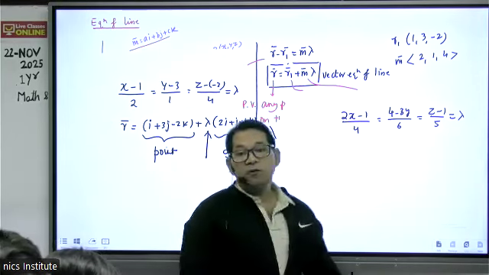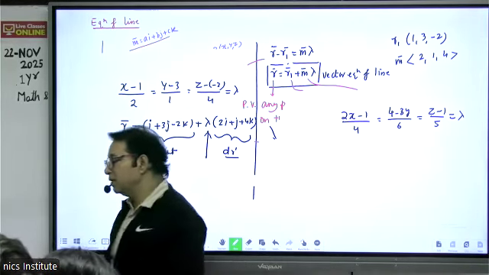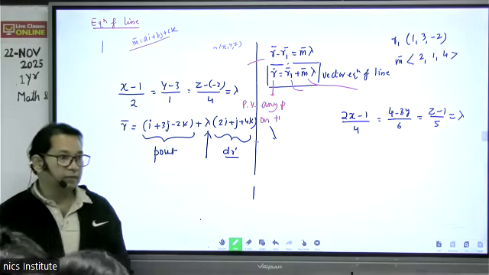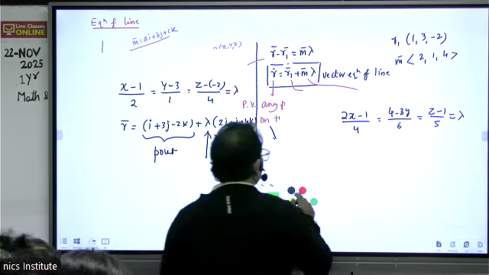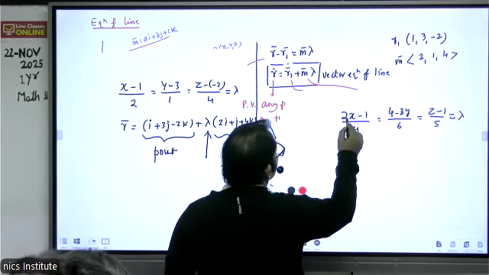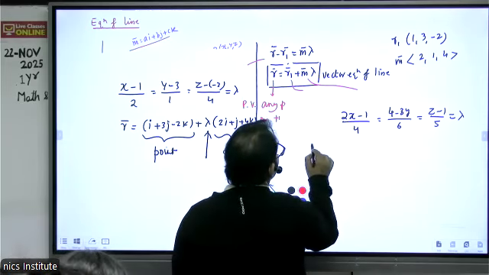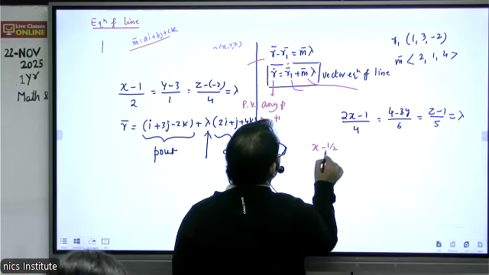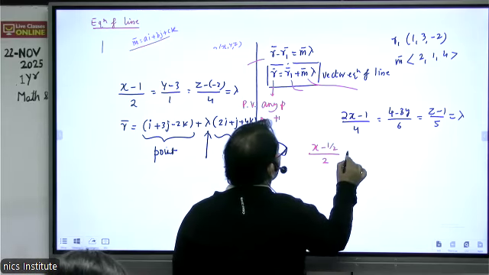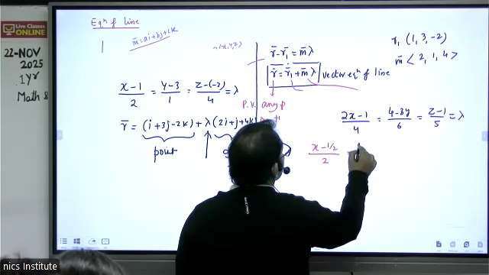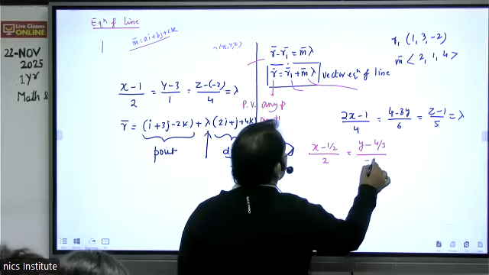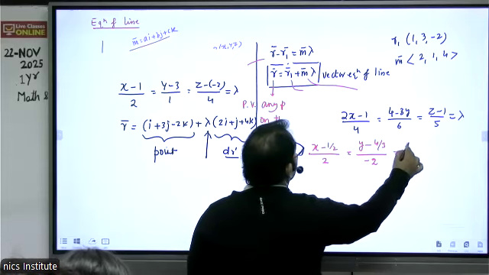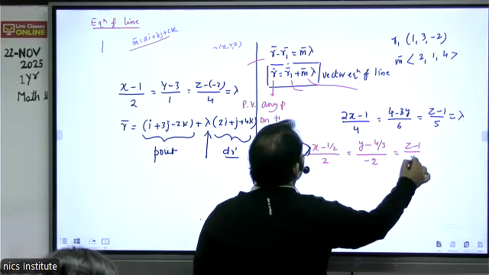DRs के लिए हमेशा coefficient of x, y and z should be positive 1, right? So first ensure that the coefficients of x, y, z are positive 1. तो इसको 2 से ऊपर नीचे divide करो. (x minus 1 by 2) by 2 divided by minus 3, (y minus 4 by 3) by minus 2, and this is already 1.